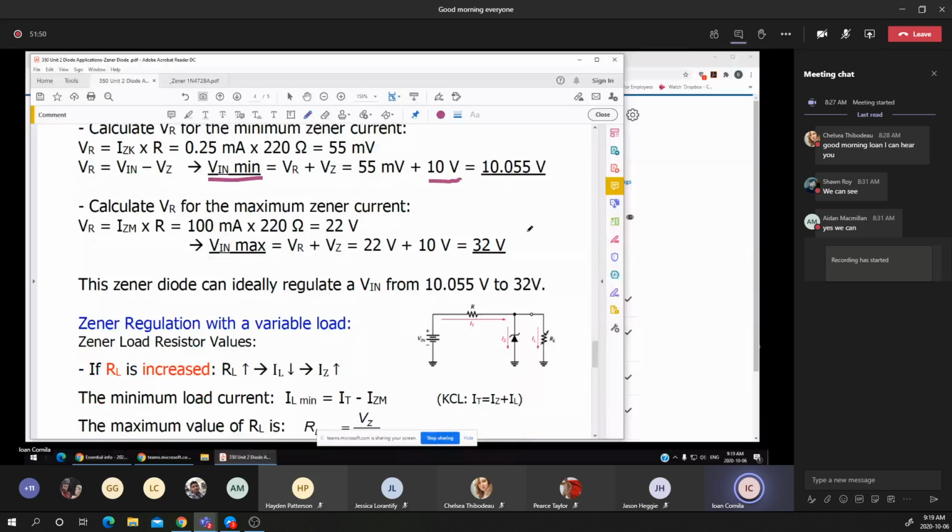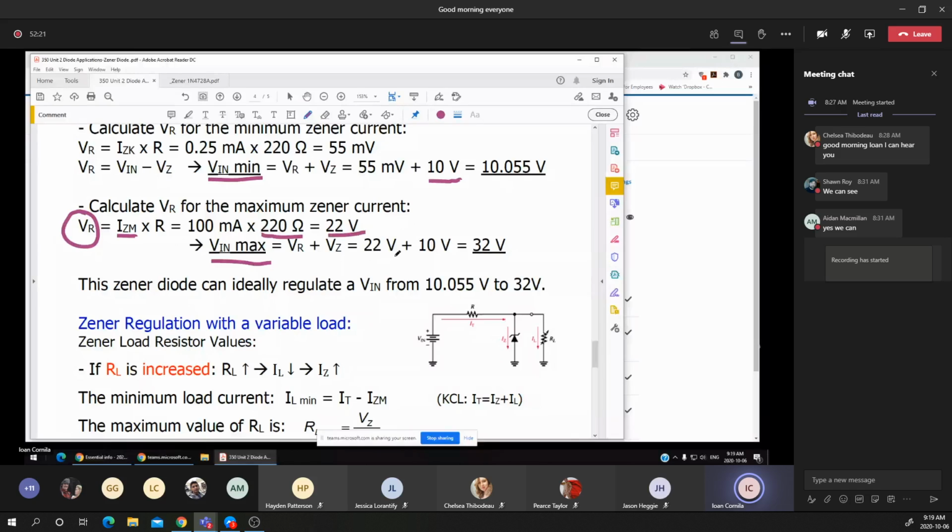To calculate the maximum input voltage, we use the maximum current and the same resistance. We determine the voltage across the resistance, VR max, using the maximum current that can flow through the Zener diode and the resistance R, which gives you a voltage of 22 volts.